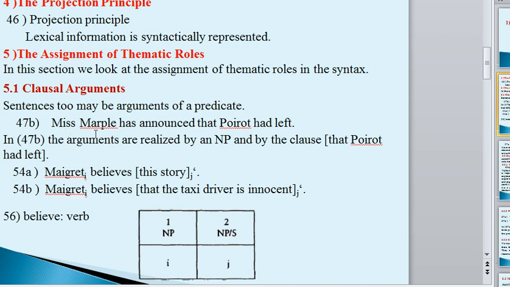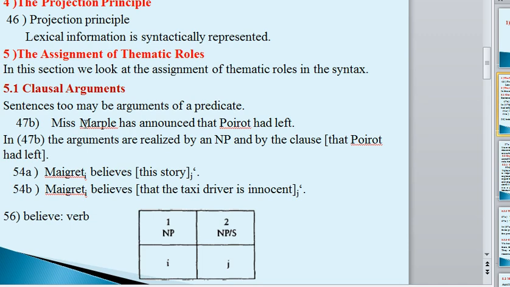For example, Miss Marple has announced that Poirot had left. This is a clause, that Poirot had left, but it can be an argument of the verb announce. So the clause can again be the argument of a predicate and the verb.